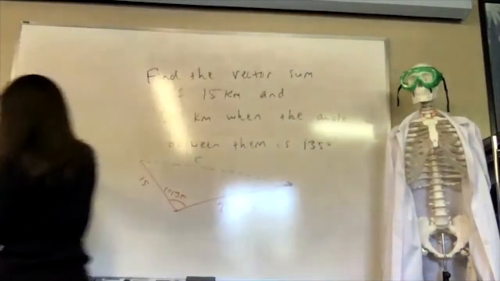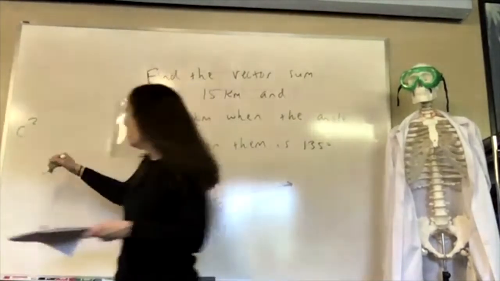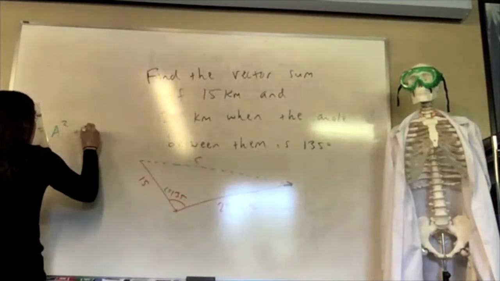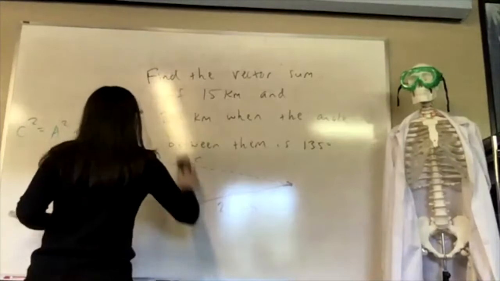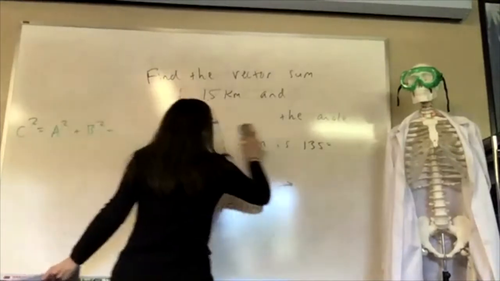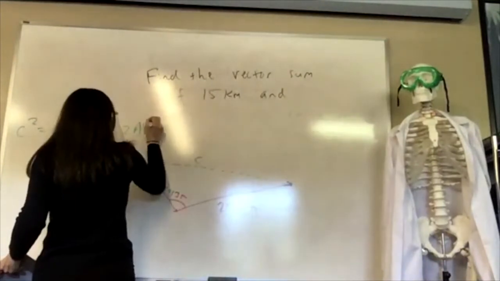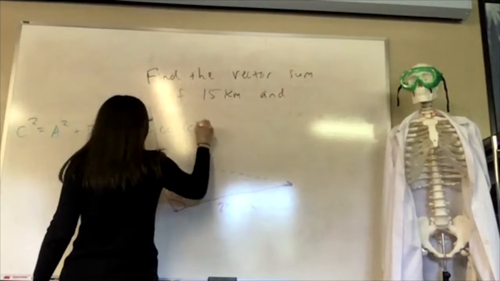So our unknown is C. So that's going to be our first one. C squared equals A squared plus B squared minus 2AB times cosine of angle C.